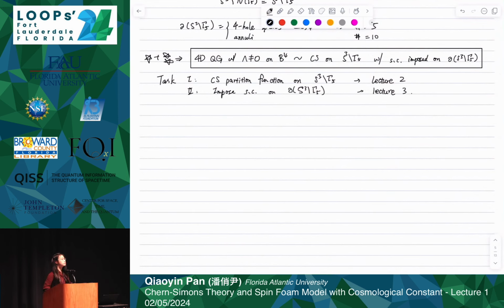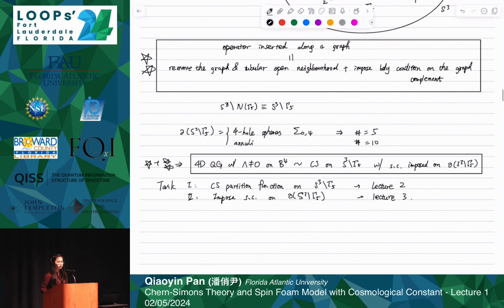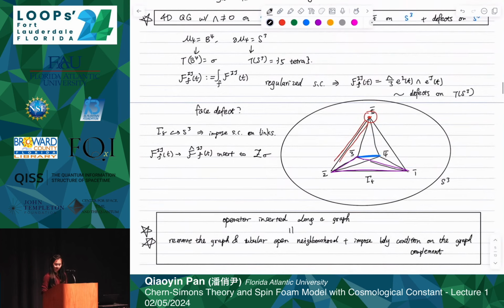Any other question? Yeah. My question is about the boundary of that manifold, S3 complement the gamma 5 graph. You said that one of the cases is that we get 5 four-hole spheres. Can you explain how that happens again? Well, you have to imagine it's three sphere. It's 3D, it's easier to imagine than 4D.